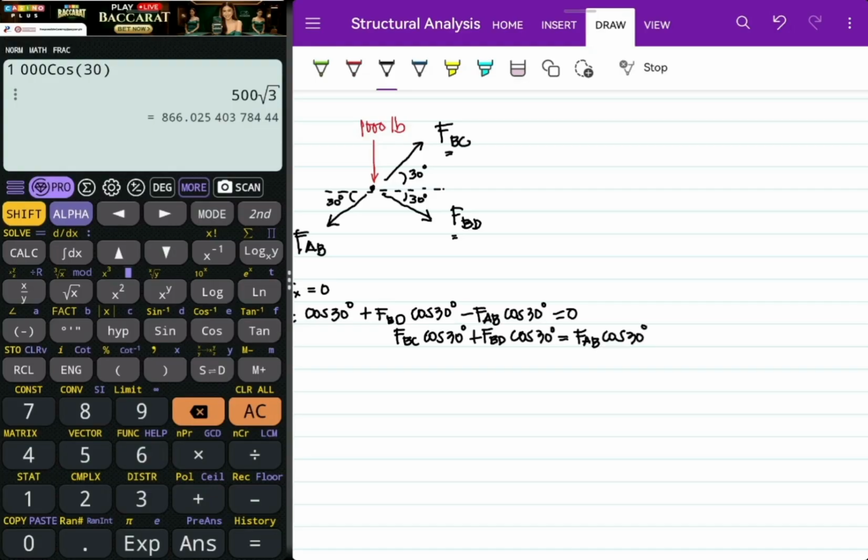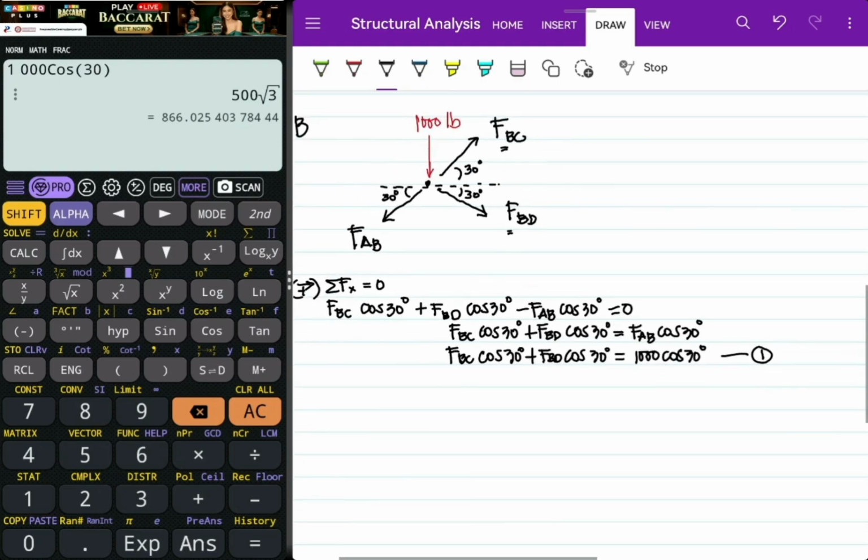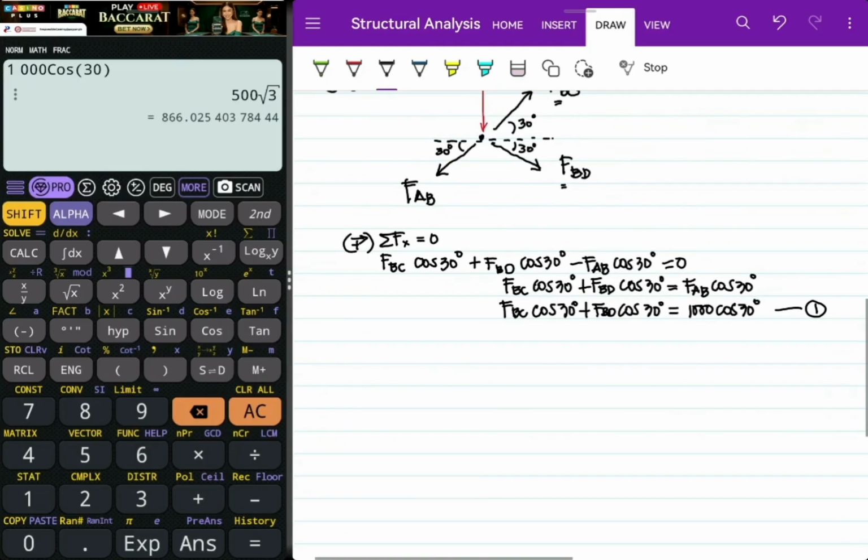Substitute the value of AB, which is 1000. This is force BC cosine 30 degrees plus FBD cosine 30 degrees is equal to 1000 cosine 30 degrees. And we call that equation number 1 because we have two unknowns and only one equation.